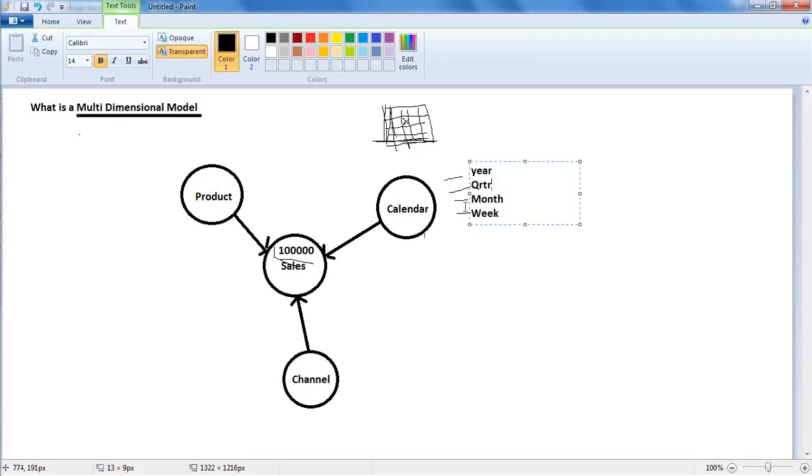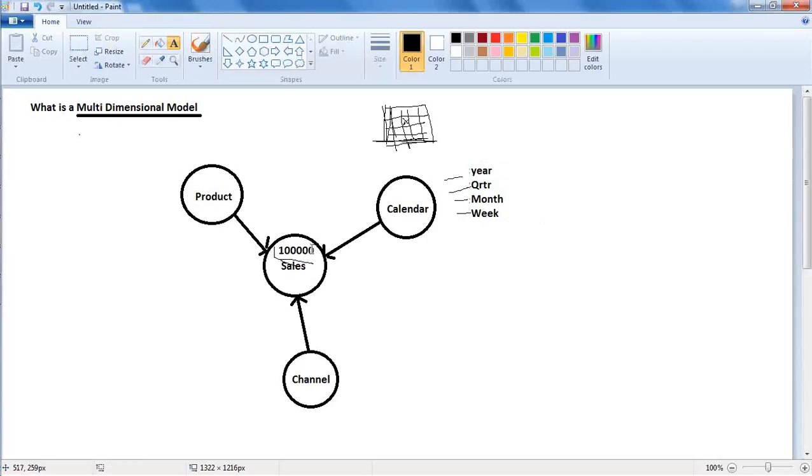this 100,000 could be, assuming, for a year. Yes, I understand I have sales of 100,000 for a year. But again, looking at the sales for the year as 100,000 is not sufficient, right?